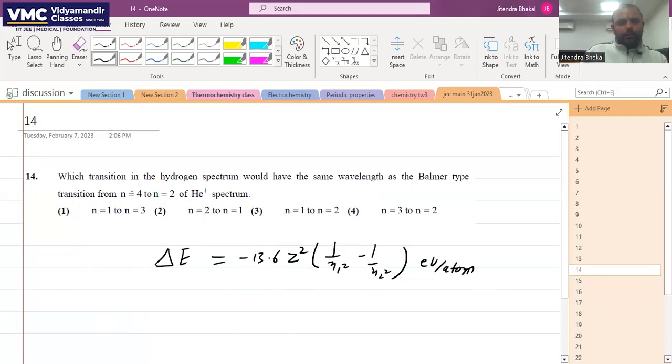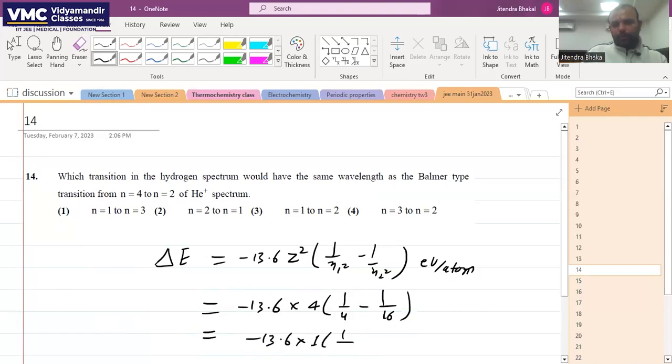Now, if we put the values, for helium Z equals 2, so we are going to get minus 13.6 into 4, into 1 upon 2 square, which means 4, minus 1 upon 4 square, which means 16. If we take 4 common from here, we'll get minus 13.6 into 1 upon 1 minus 1 upon 4.